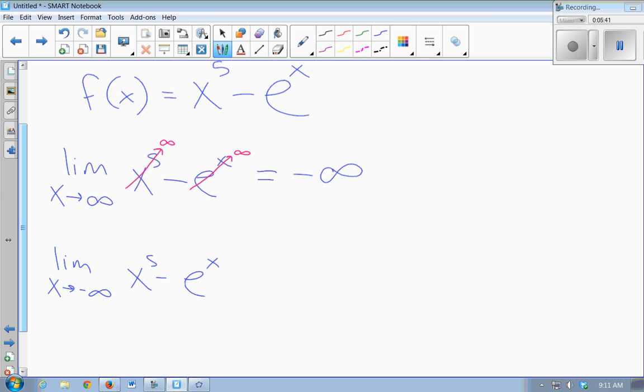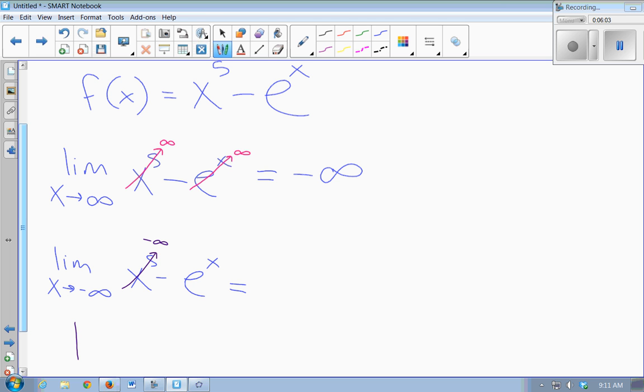So what happens to this function as the x values become really, really negative? Negative 10, negative 100, negative 1,000, negative 1,000,000. All right, what happens to x to the fifth? Goes to negative infinity.